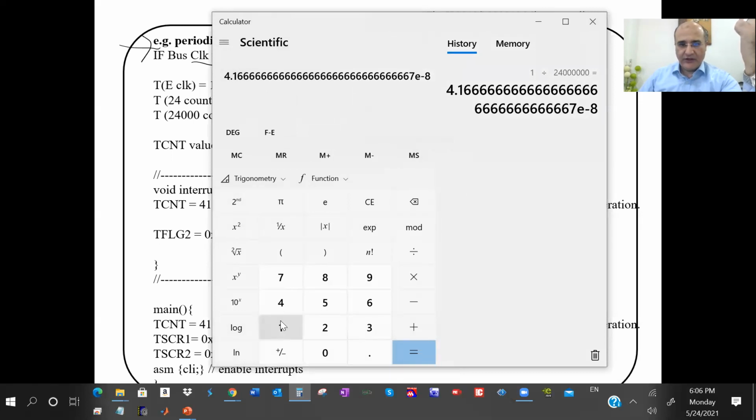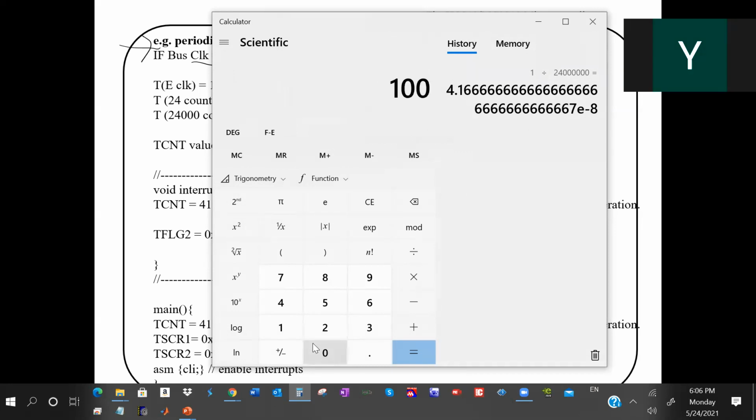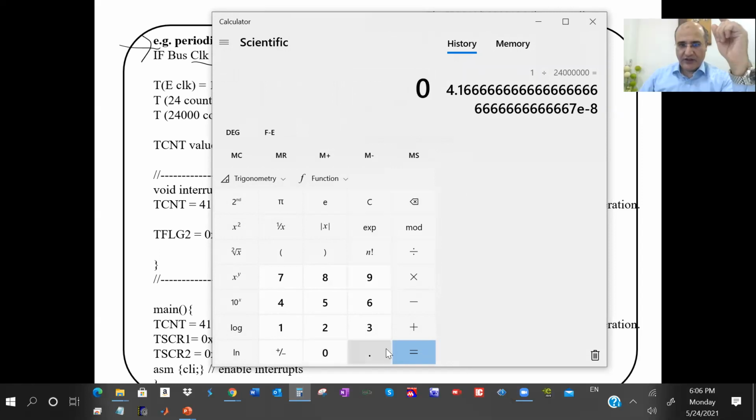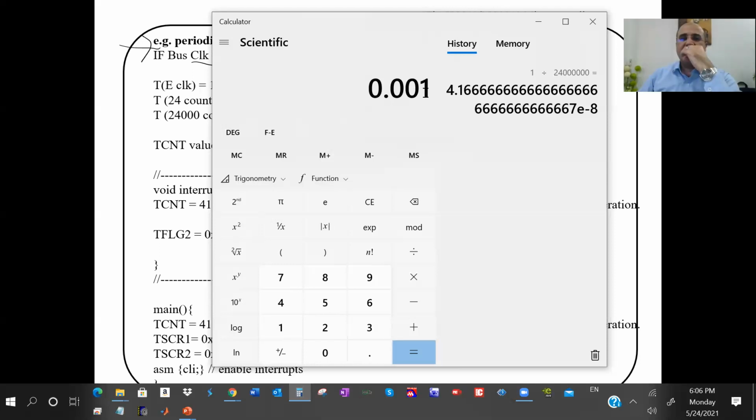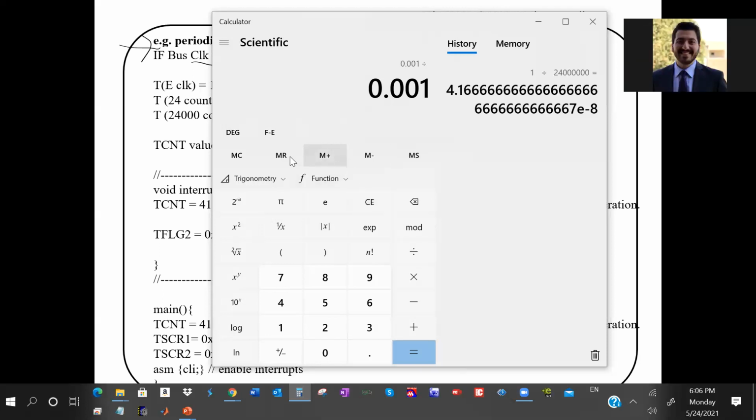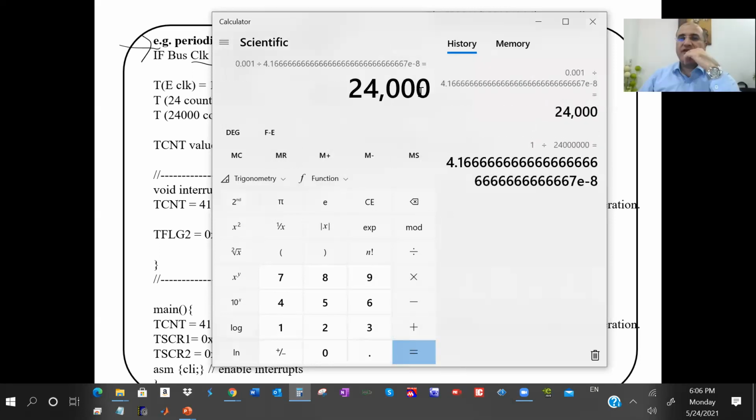Let's compute it. 1 millisecond divided by the period I stored equals 24,000.